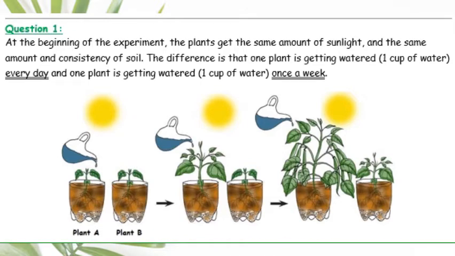So plant A was receiving 1 cup of water every day, as you can see, while plant B was receiving 1 cup of water once a week. So every week, plant B was receiving 1 cup of water. Okay.